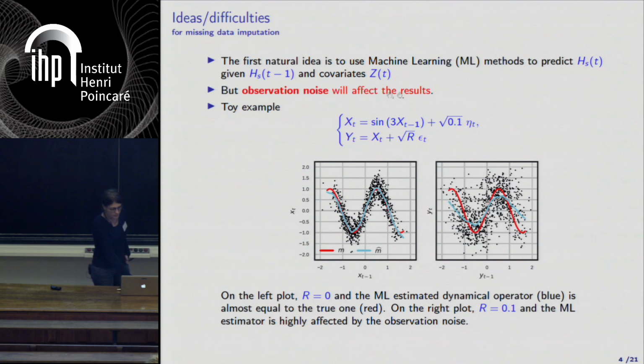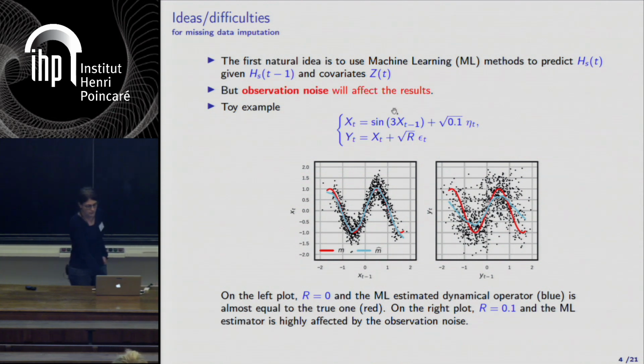This is a state space model where we suppose that x_t has a dynamic which is a sinus. And what we have is an observation of x_t, and it is observed with noise. What we want to do is to estimate the dynamic, the sinus, from an observation time series.